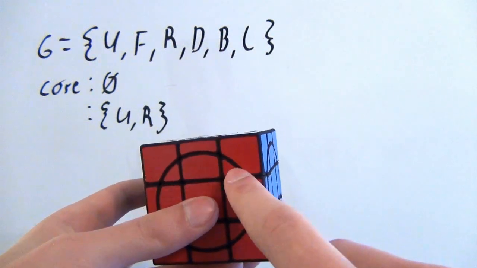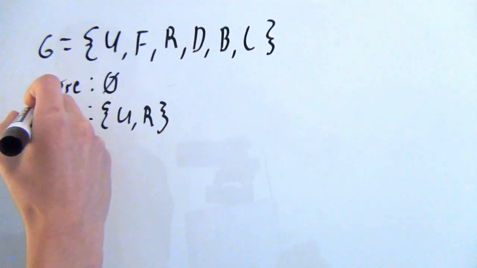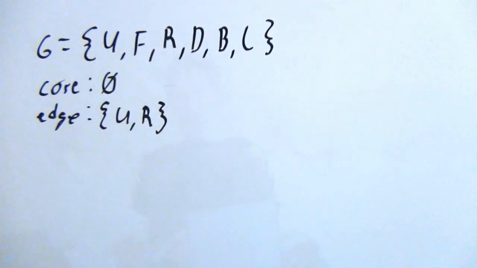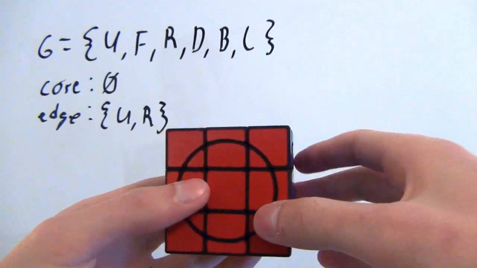This piece represents an edge piece on the 3x3. So we actually do have a representation for an edge piece. So you have the regular 3x3 edge pieces in this puzzle. Even though it's not these ones, it's actually these triangles here.